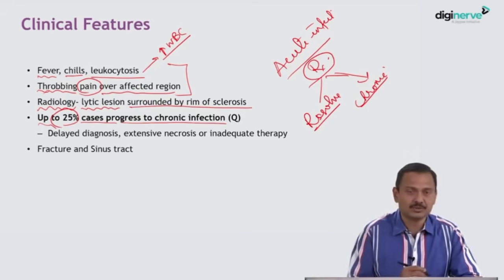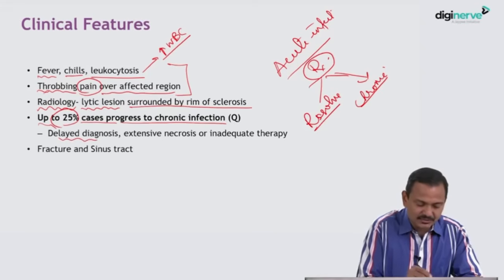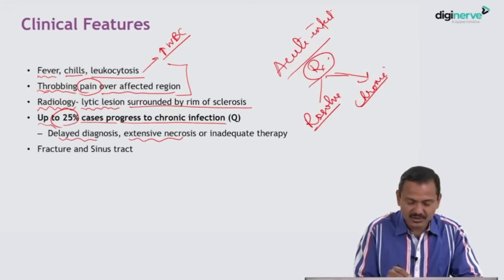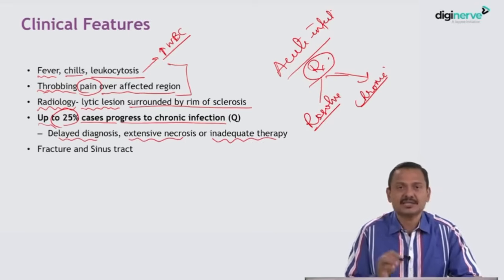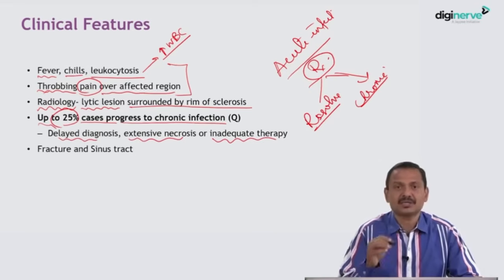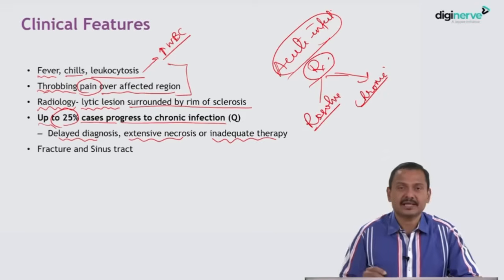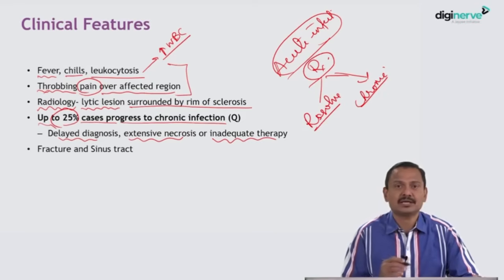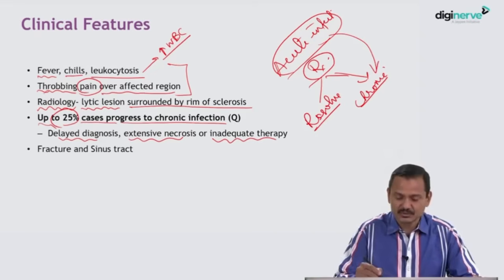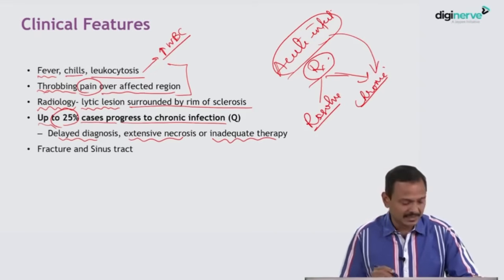So in acute osteomyelitis the same phenomenon happens. If there is delayed diagnosis, extensive necrosis or inadequate therapy, these three features, then the lesion will not heal or the acute inflammation cannot be contained, and that will progress to chronic osteomyelitis.